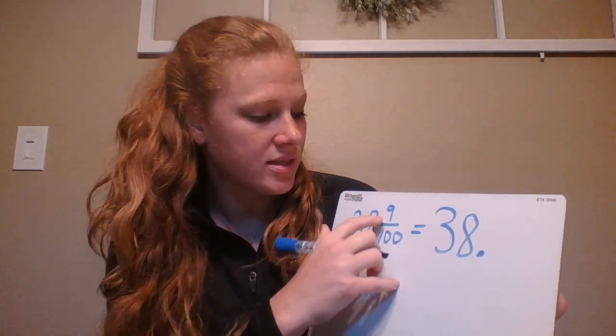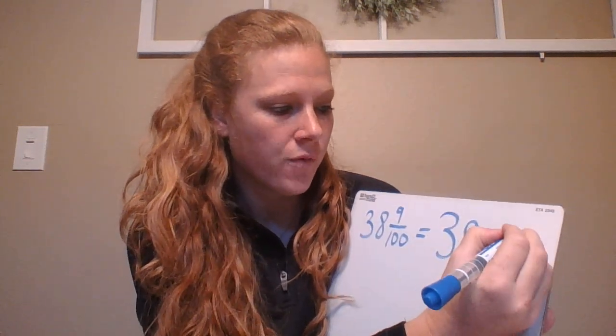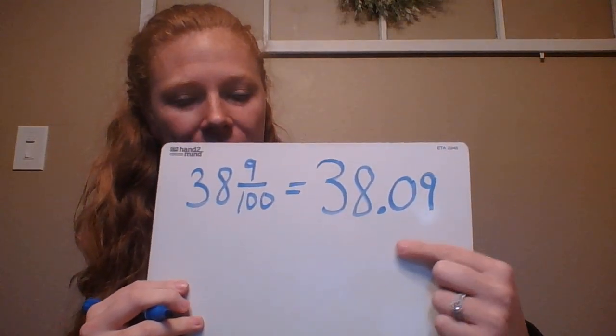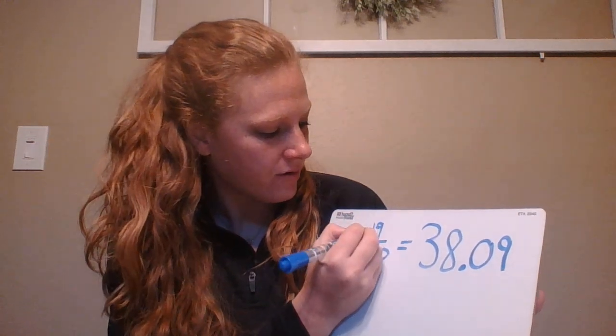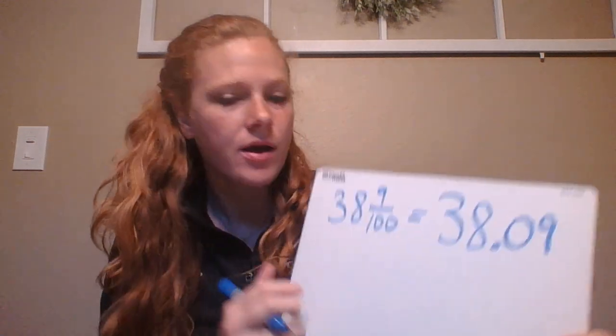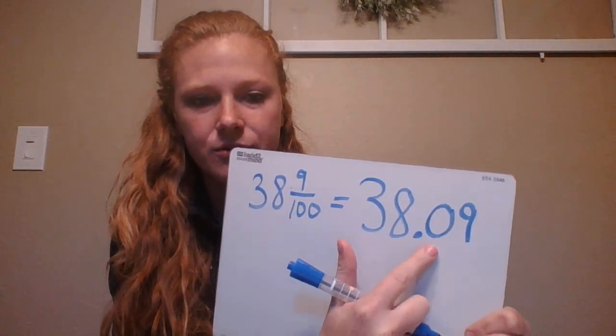So since there's nothing in the tenths place, I have to put a 0 before I put the 9. So it should look like 38.09. If there would have been a number in front of the 9, then I could have erased and put that there. But since it's 9 hundredths, that's why you have to put the 0 in the tenths place.